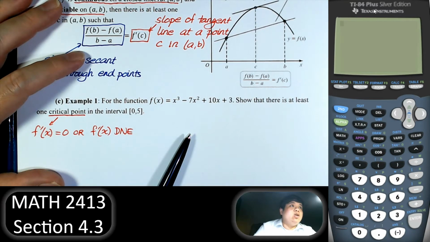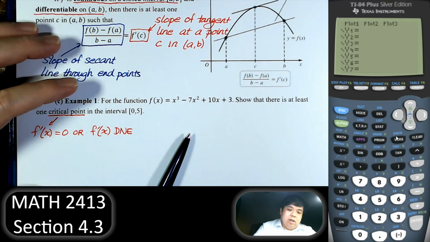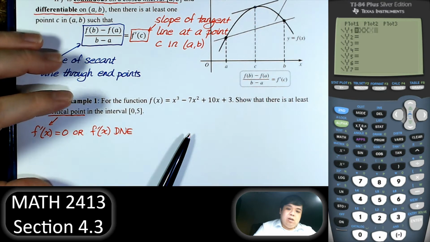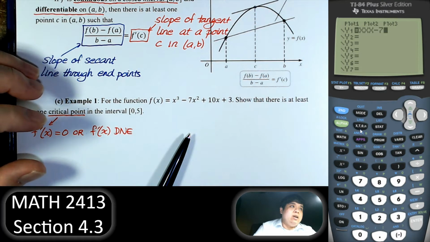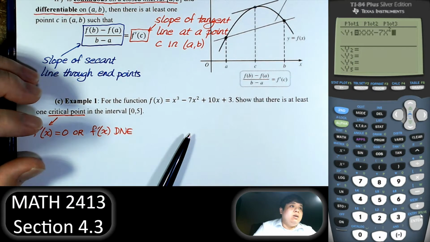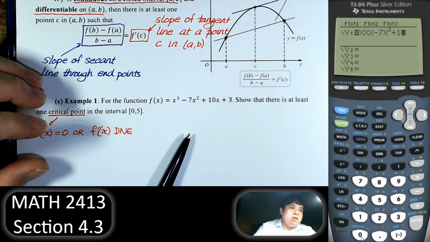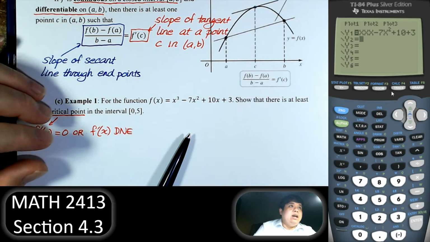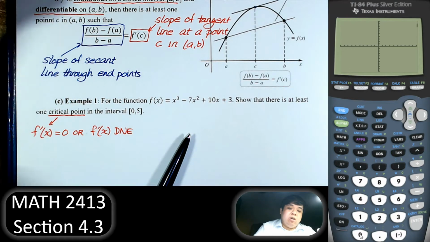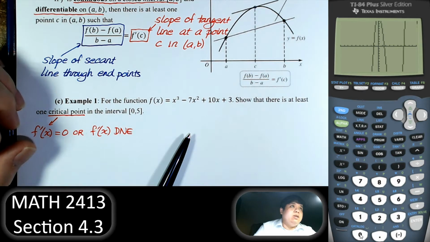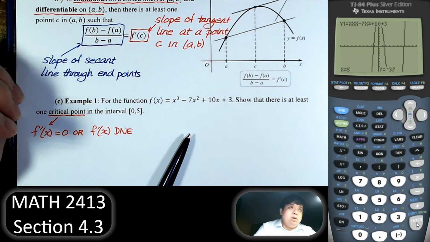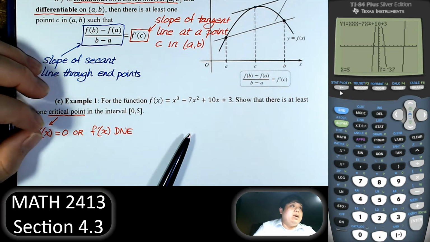We have a function x cubed minus 7x squared plus 10x plus 3, right? Let's find the values at x equal to 0 and x equal to 5. Make sure I enter the function correctly.